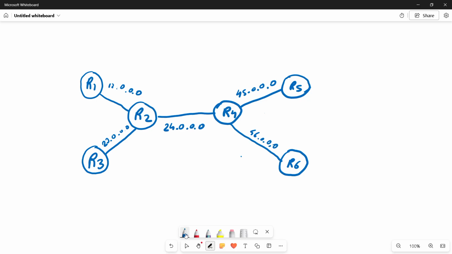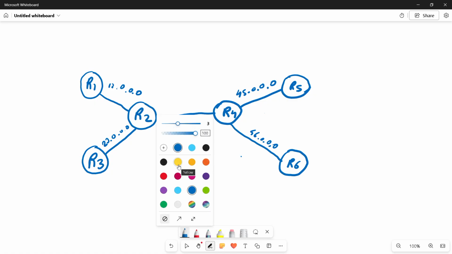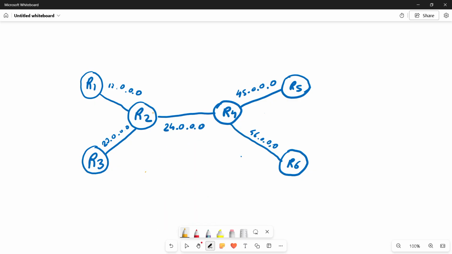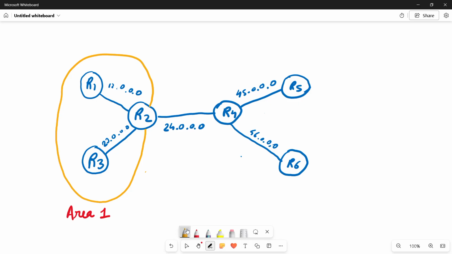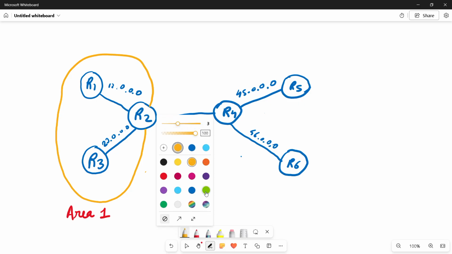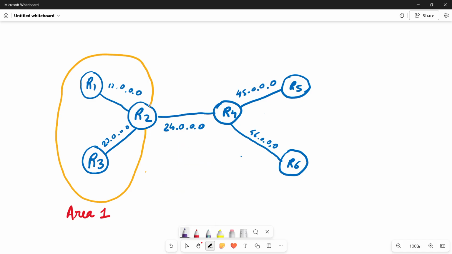And now when it comes to areas, this particular area is area 1. Then this particular area, then this particular area.